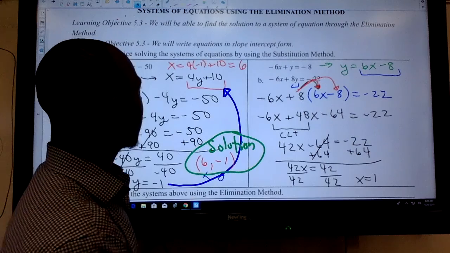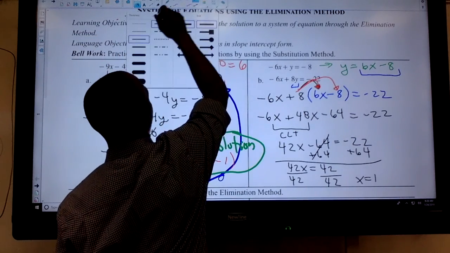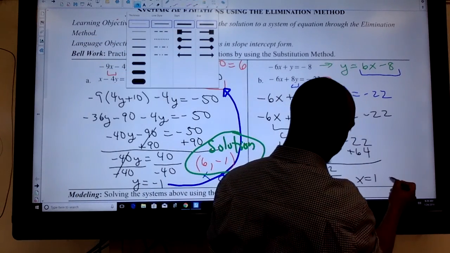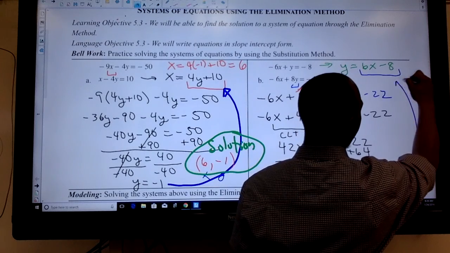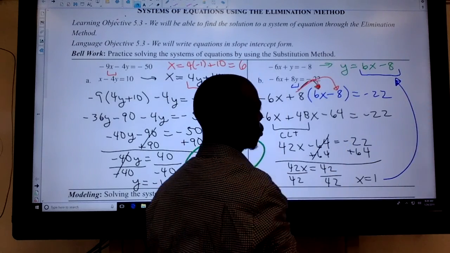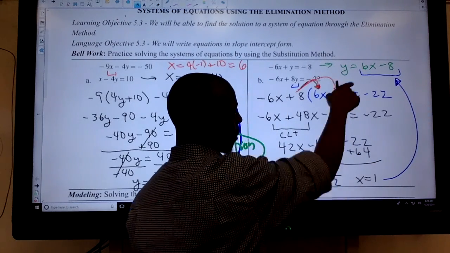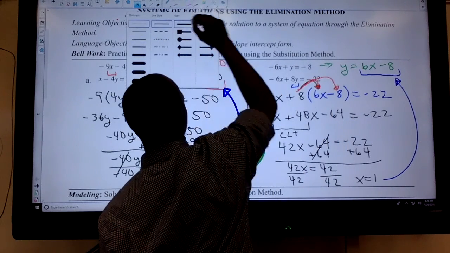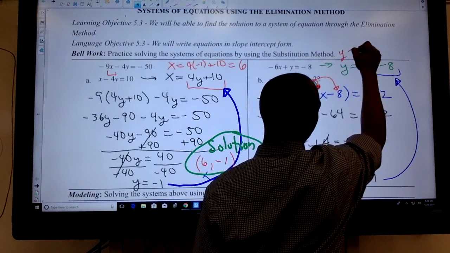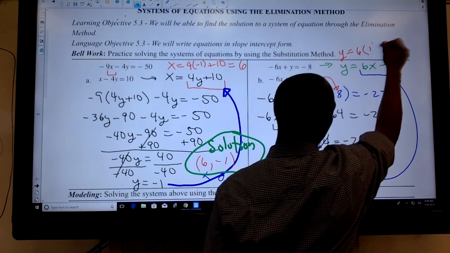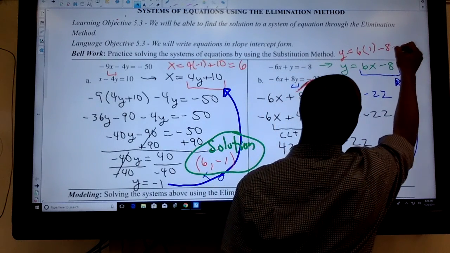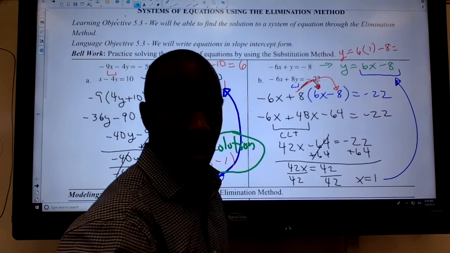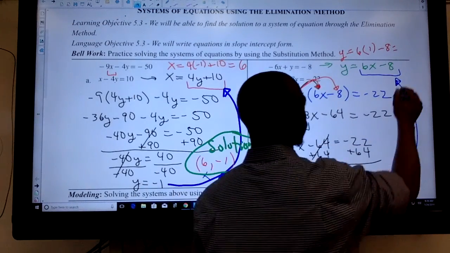All right? Once again, after you solve for x here, you're not done because you need to find a solution, which means you need to go back in and plug in that x value up here. So now I'm going to plug in 1 every time I see an x. So when I go back up here to the top, it's going to be y is equal to 6 multiplied by 1 minus 8, where 6 times 1 is 6, minus 8 gives us a negative 2.